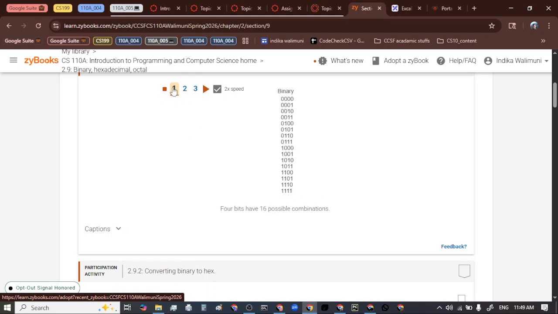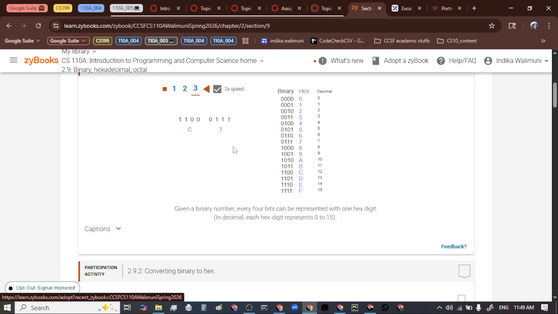So these are binary values, right? Here's the mechanism. That's an 8-bit binary number. See that we have 8 bits there, if you count.